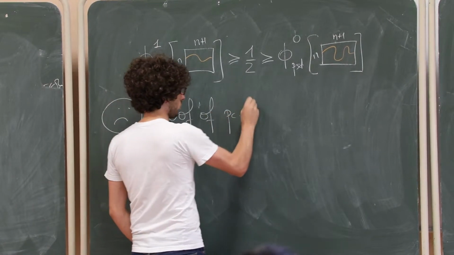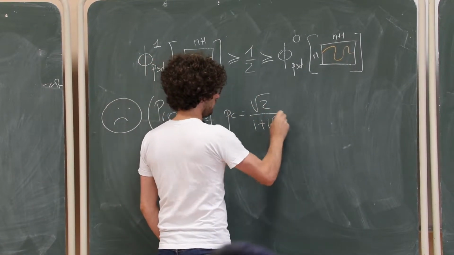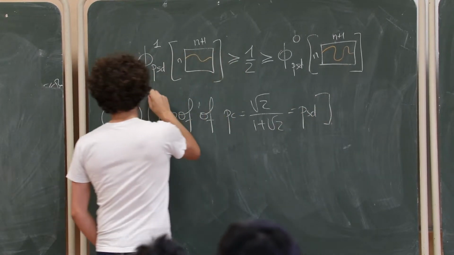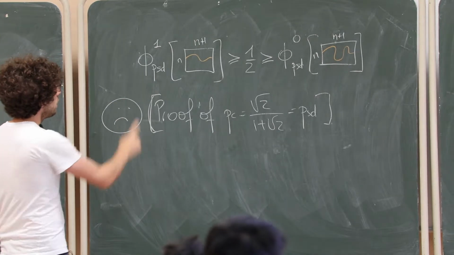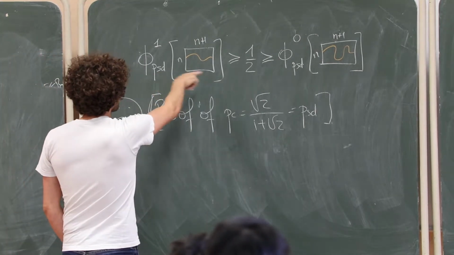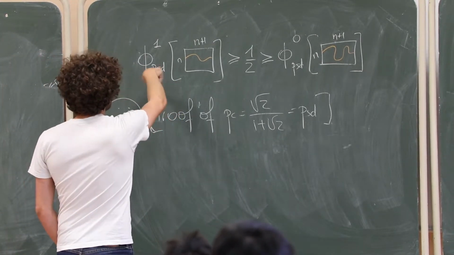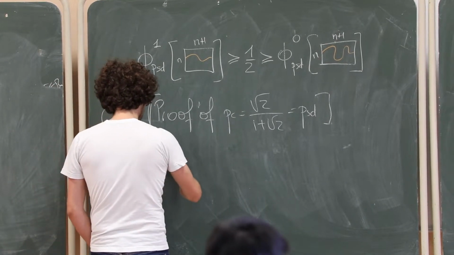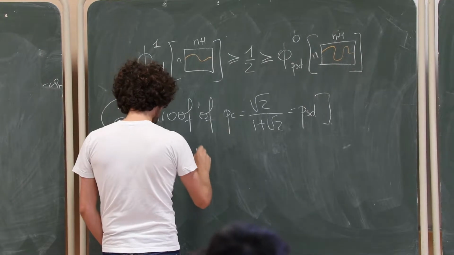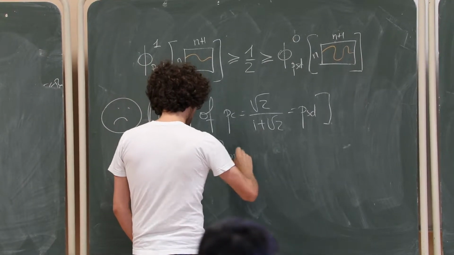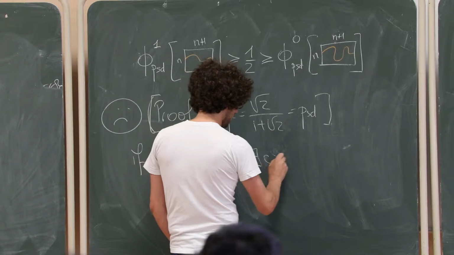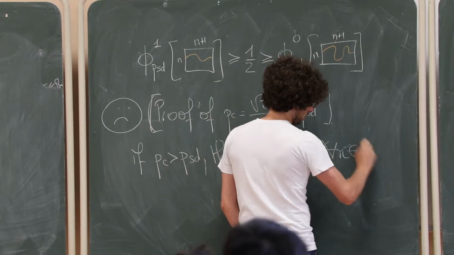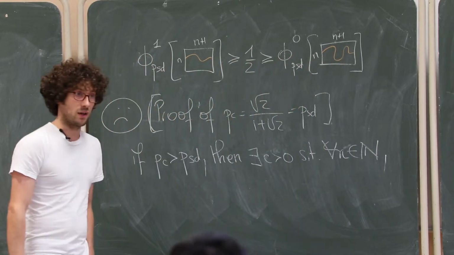of p_c equals square root 2 over 1 plus square root 2, which is the self-dual point. Okay, first thing that we do: if p_c is strictly larger than p self-dual, then there exists a constant C such that for every n, we have exponential decay, right?